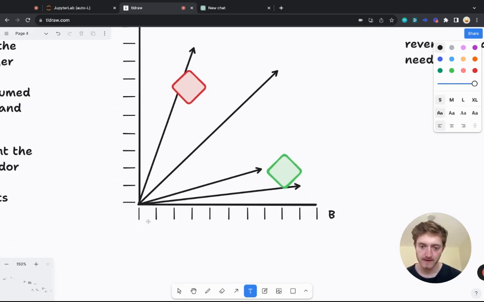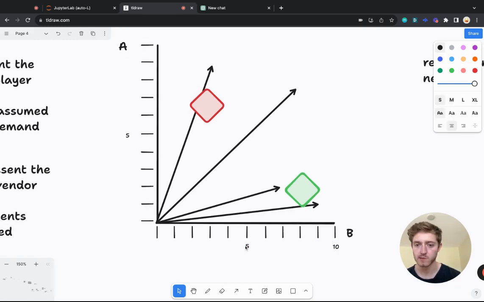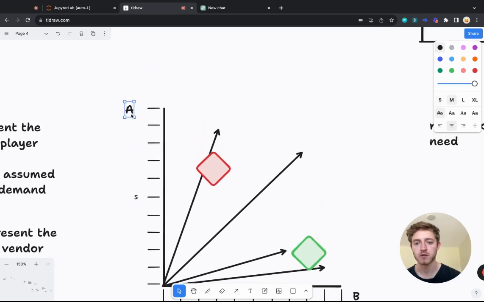Beautiful. 1, 2, 3, 4, 5. We will label it. Let's center it. And let's make it smaller. 7, 8, 9, 10. Just checking. 1, 2, 3, 4, 5, 6, 7, 8, 9, 10. Perfect.